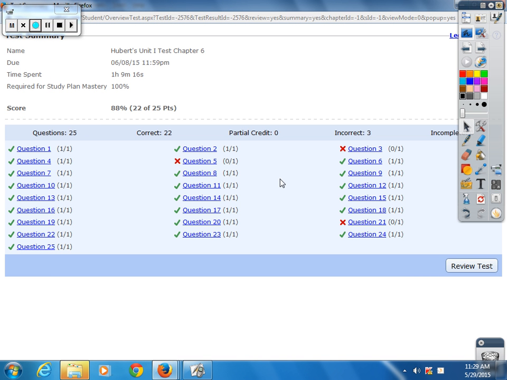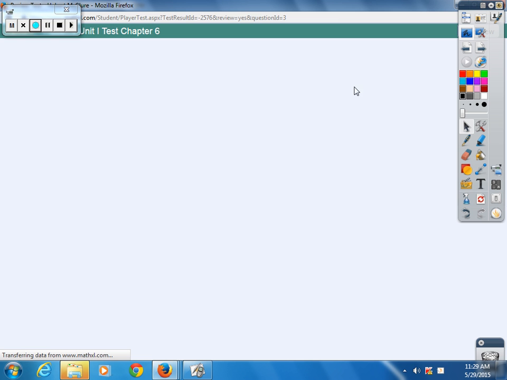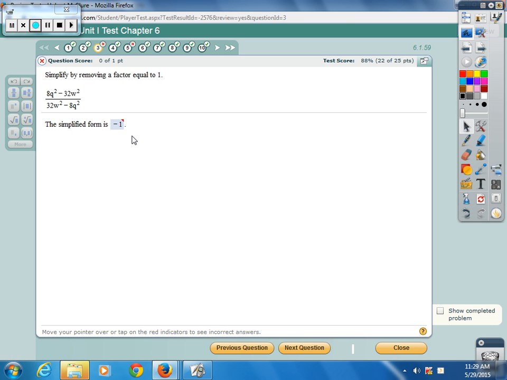We missed 3. It's probably something little like parentheses or something. They did multiply 3 by negative. They multiplied 3 by negative 1. You said you wouldn't do that.